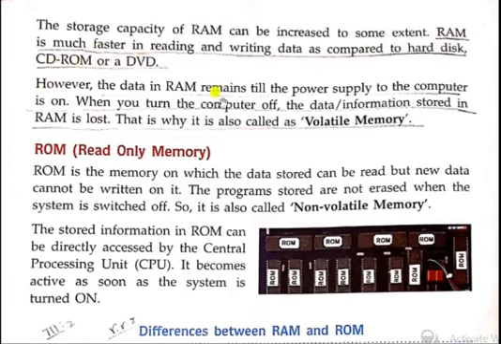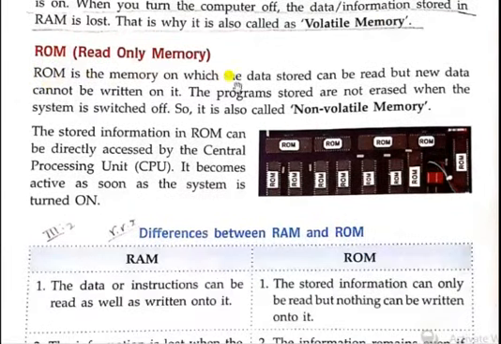However, the data in RAM remains till the power supply to the computer is on. As we have discussed just now, when we turn off the computer, the data stored in RAM is lost. That is why it is called volatile memory. This is a very important line, so please learn this.